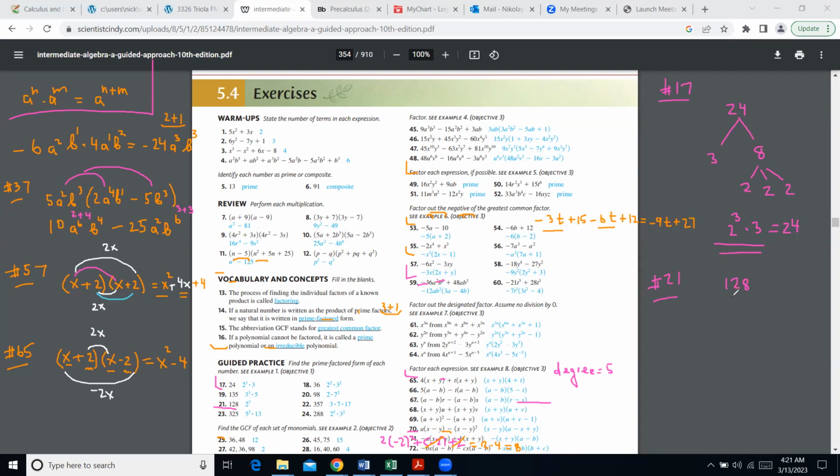Well, this number I can definitely divide by 2, so it'll be 64, right? Once I notice that I can divide the number by 2, 64 as a factor could be broken down into a pair of factors of 8.